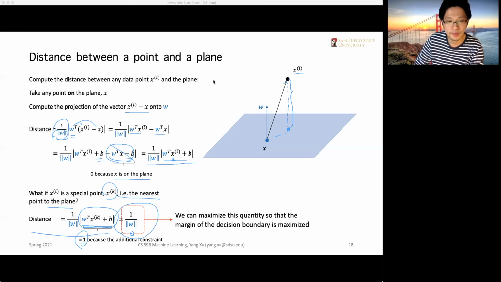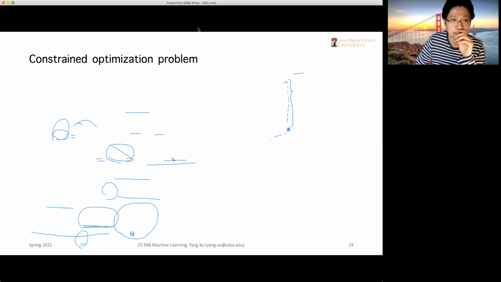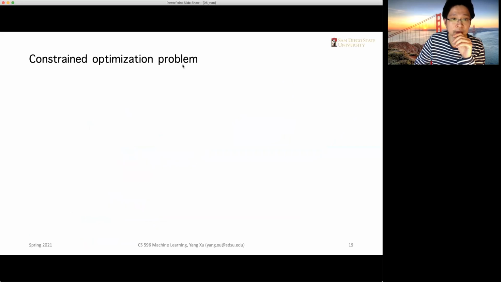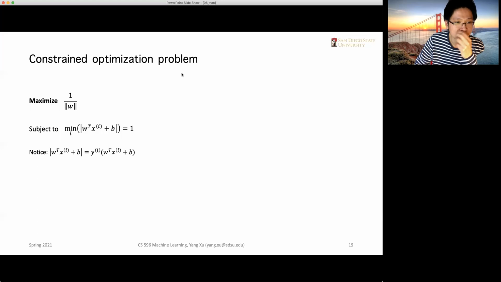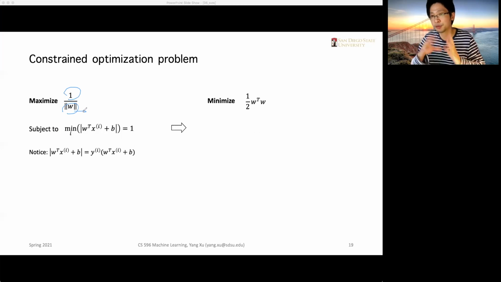So maximizing 1 over the norm means that we want to minimize the norm, right? And the norm is just the square root of the dot product, right? So we are basically minimizing the dot product, which is W transpose times W, okay?